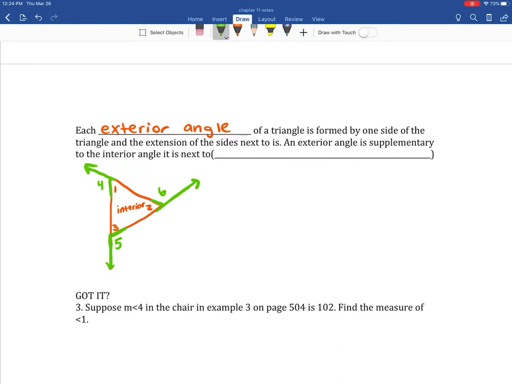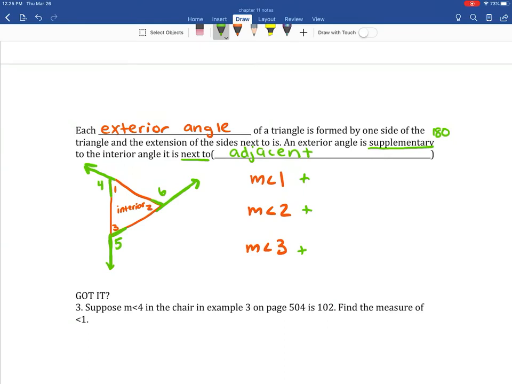An exterior angle is supplementary. We learned that last section. Means it's going to add to equal 180 to the interior angle it was next to. Next to, I told you to think of adjacent. Okay, so if I were to write these out as equations, I could say I have all of my interior angles, and if I add the exterior angle it's next to, I will get 180.